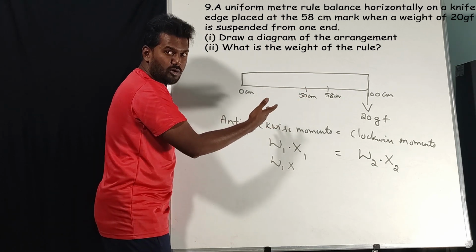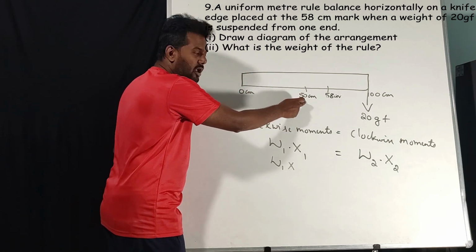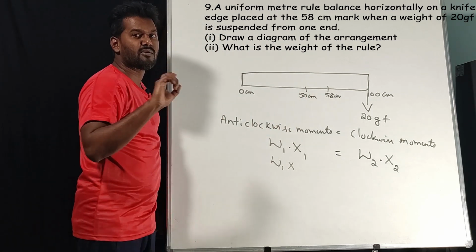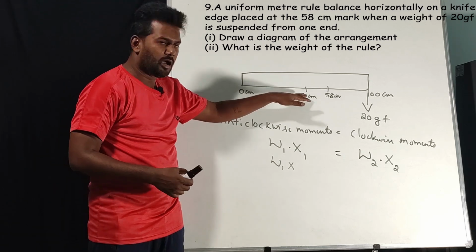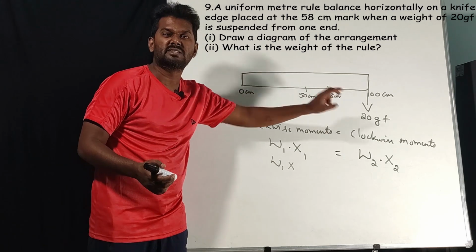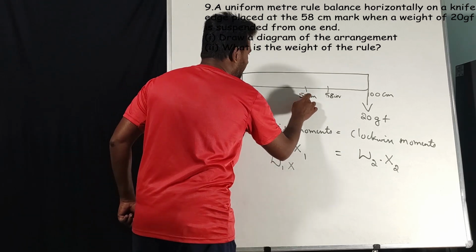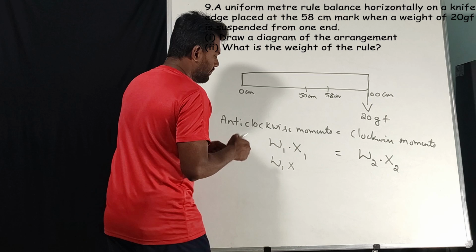They have mentioned a uniform meter scale, right? So from the original center to the present center, that is the value of x1. The distance between the original pivoted point and the present pivoted point is the value of x1. What is the value? 58 minus 50.